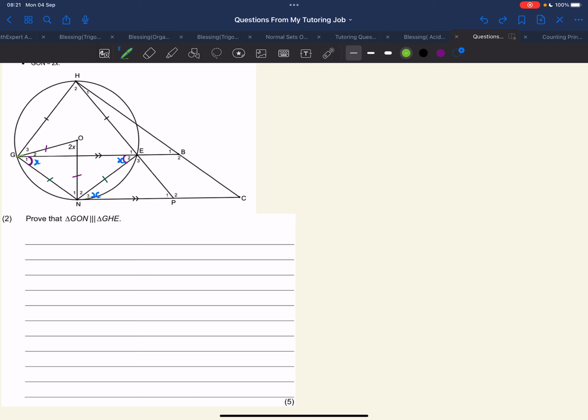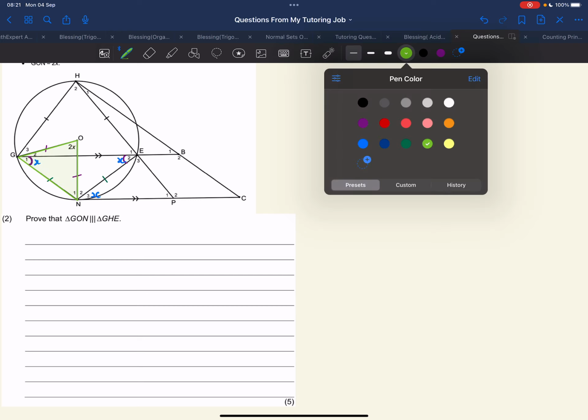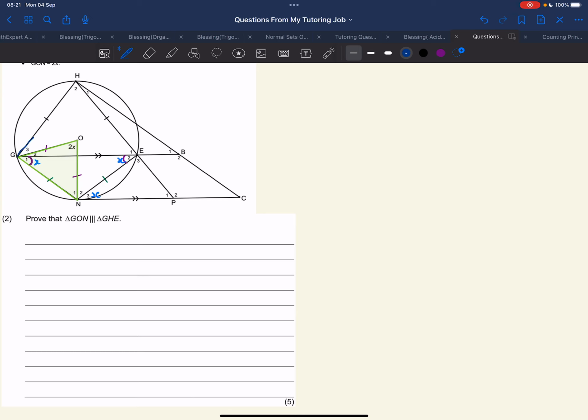So they want us to prove that those two triangles are actually similar to each other.